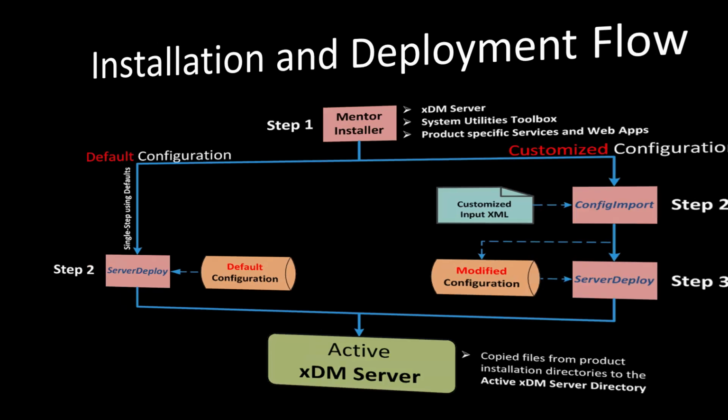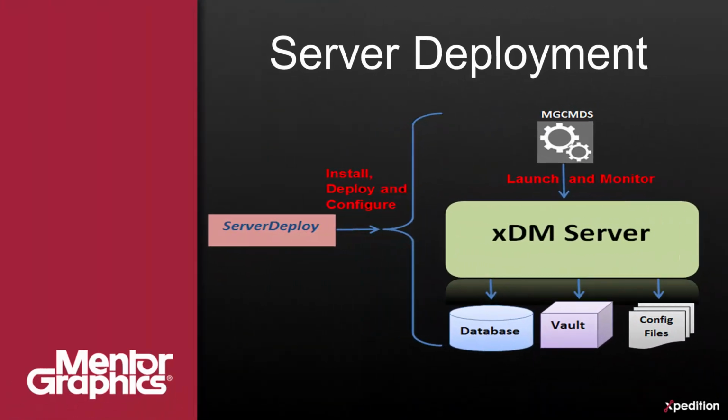configuration. Using the automatic deployment mode, Server Deploy also installs MGC MDS, Monitoring and Diagnostic Daemon, which controls and monitors all processes that are part of the XDM server. The MGC MDS daemon launches those processes and monitors them, so that if any of them fail to run, MGC MDS will immediately relaunch it appropriately.